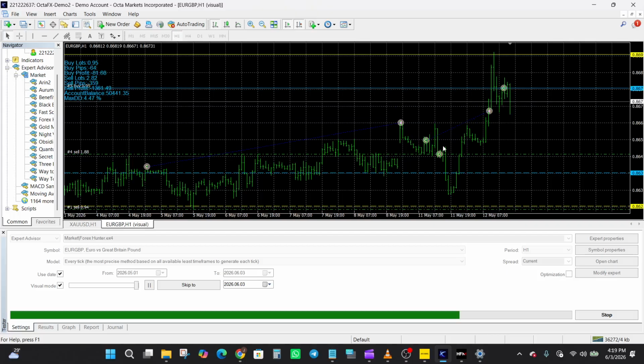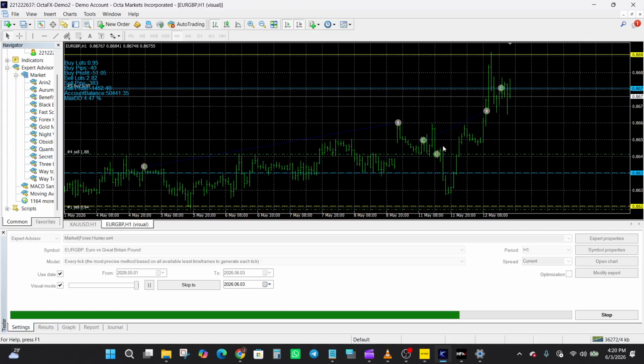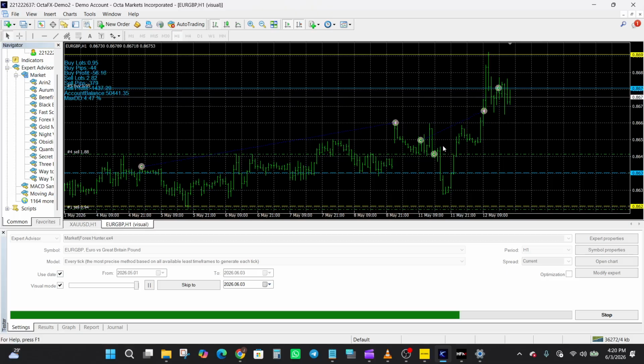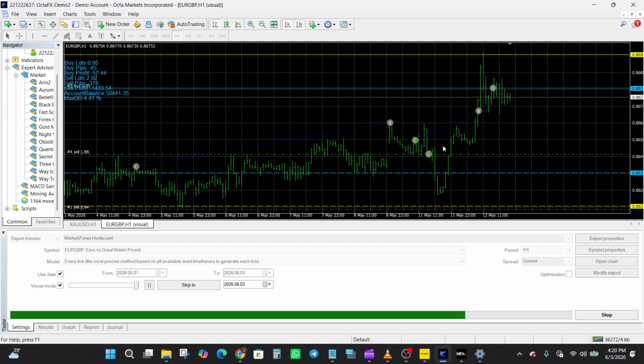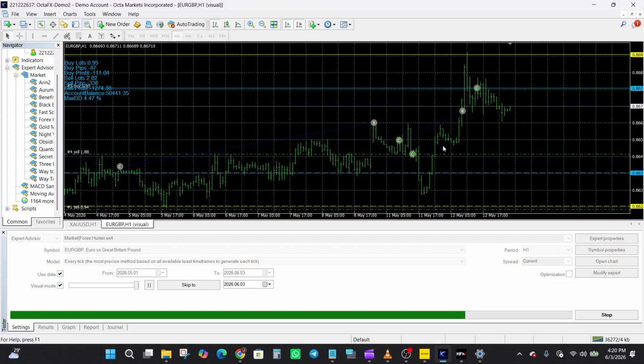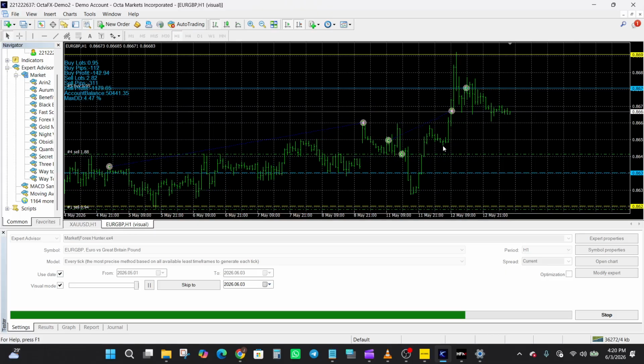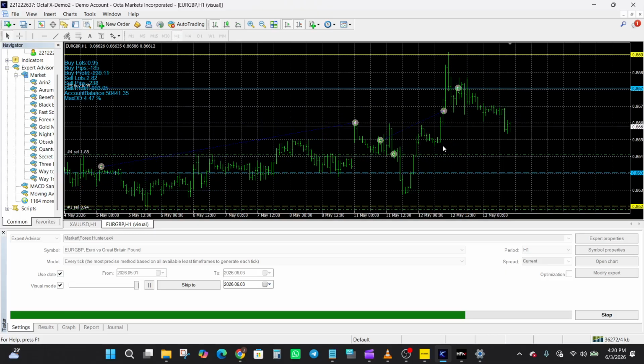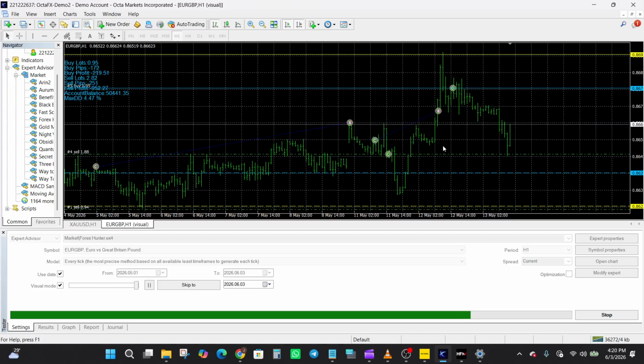So even though this EA is presented as fully automated with dynamic position sizing, it's still very important to test it properly on a demo account first and make adjustments based on your own risk tolerance before thinking about live deployment.